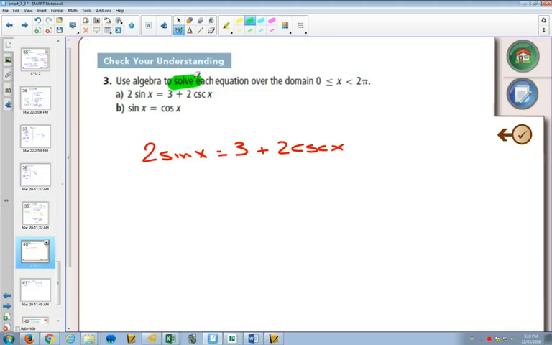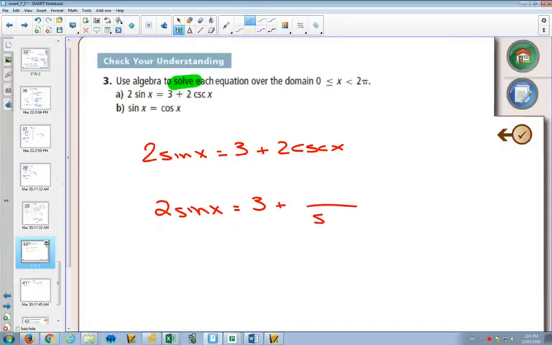So first of all, can we change this so that there's only one trig function? What could we do? Yeah, we could change cosecant to 1 over sine.